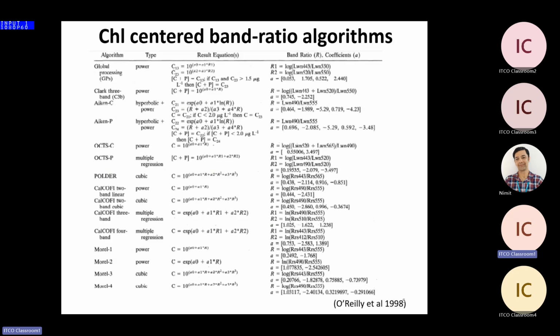Here are, I bet you know them very well, these kinds of empirical algorithms. Here are chlorophyll-centered band ratio algorithms. You can see there are many regressions. If you ask why, actually there's no why. It's just that the data shows the best regression is like this.